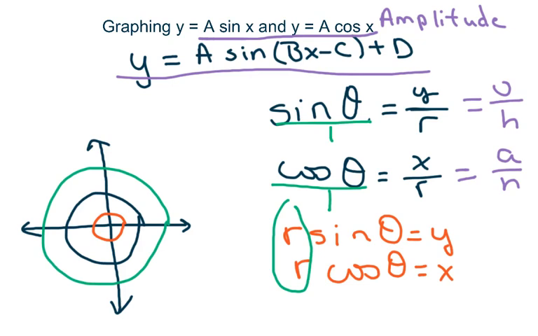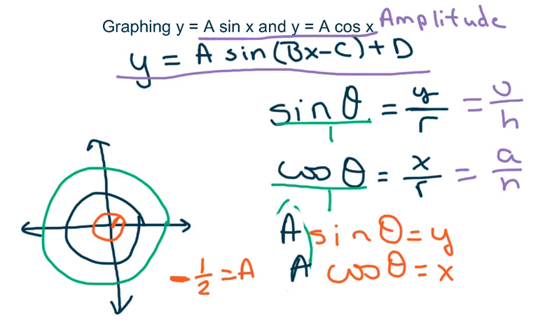So I'm going to take away the radius here and call this the amplitude. In this case, we're calling it A. If I look at these three circles I tried to draw, I'm going to call this red one a circle with radius 1/2. So the red circle's radius is 1/2, which means the amplitude is 1/2.